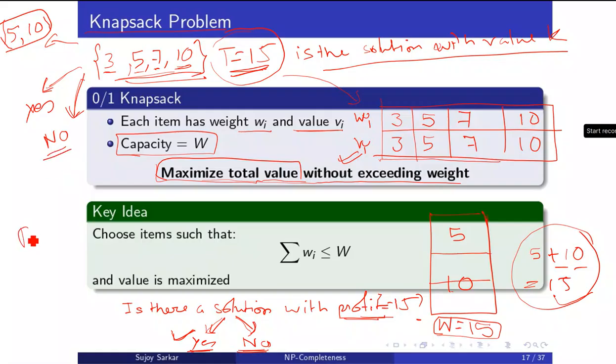This we call reduction. We took a problem A and reduced it to problem B. If an algorithm can solve problem B, that algorithm will give me the solution for problem A also. This is the concept of reduction.